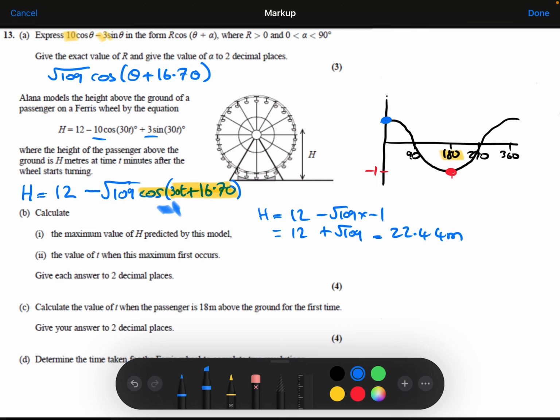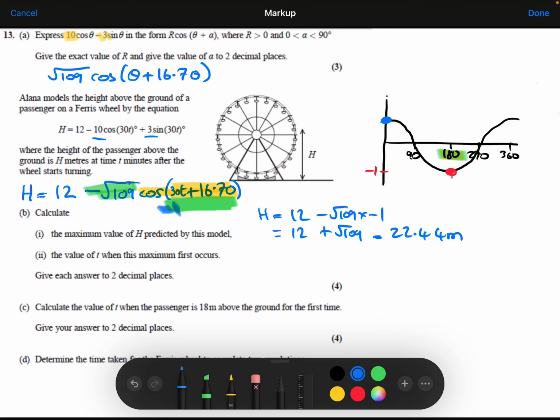When the 30t plus 16.7 equals 180, the cos graph is minus 1, which then, when that multiplies by the minus root 109, I get a plus root 109, which when added to the 12 gives me the maximum height of 22.44 meters.